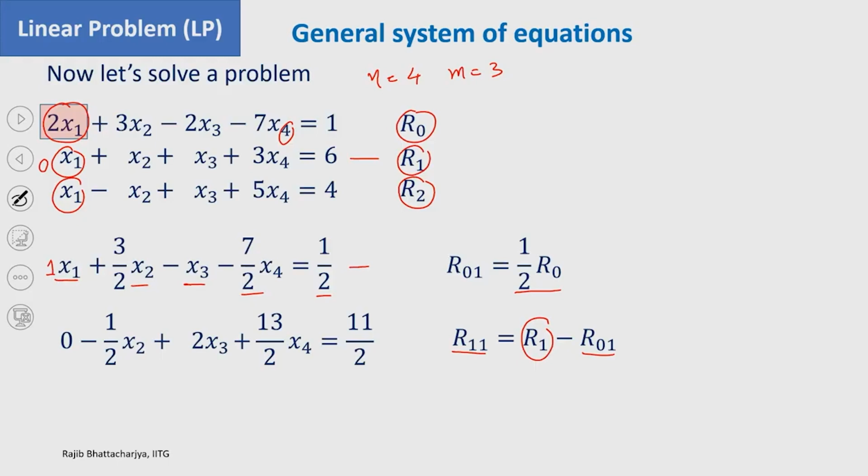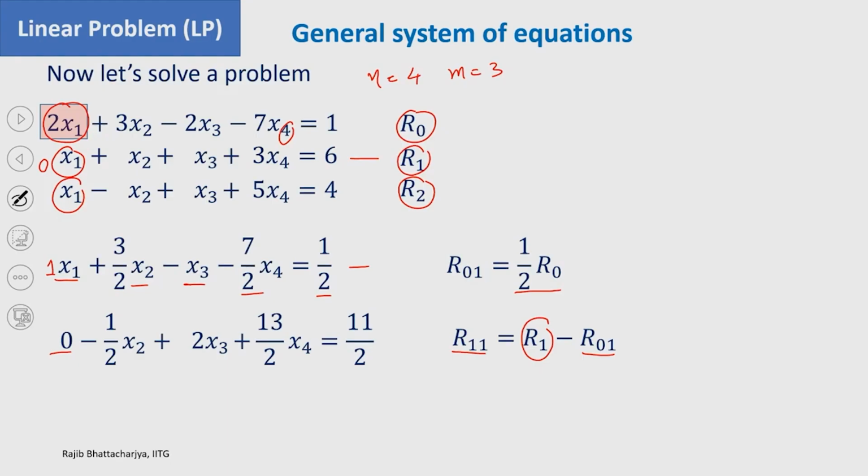If I do that, x1 minus x1 gives you 0, then 1 minus 3/2 gives x2 with minus half.